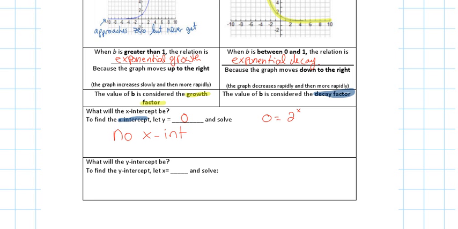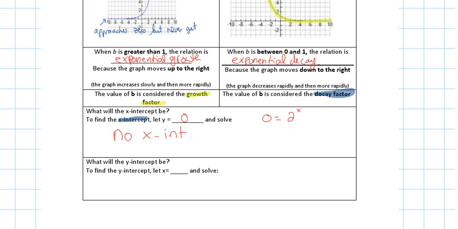Anne-Marie, what did you pick? 5. 2 to the power of 4, you got 16. Can someone do 2 to the power of negative 4? 1 over 16.